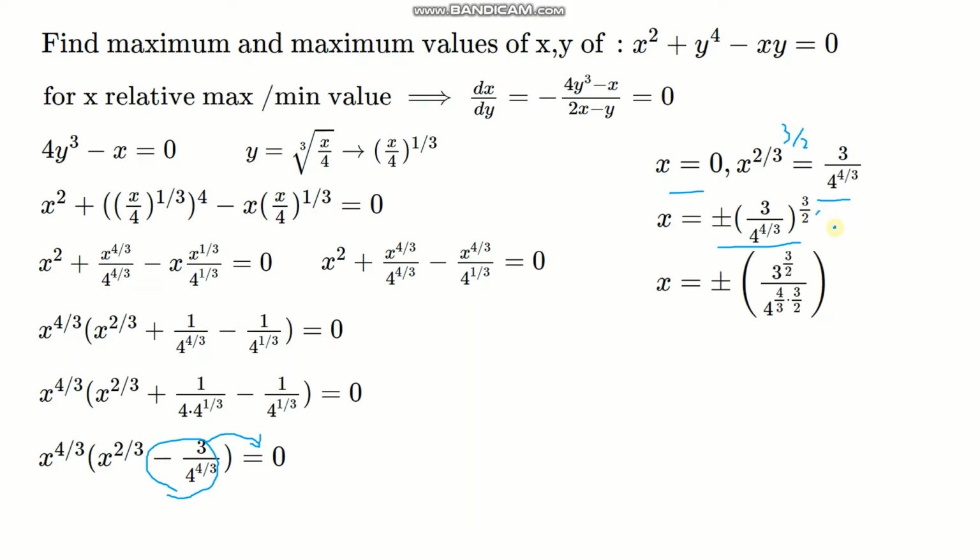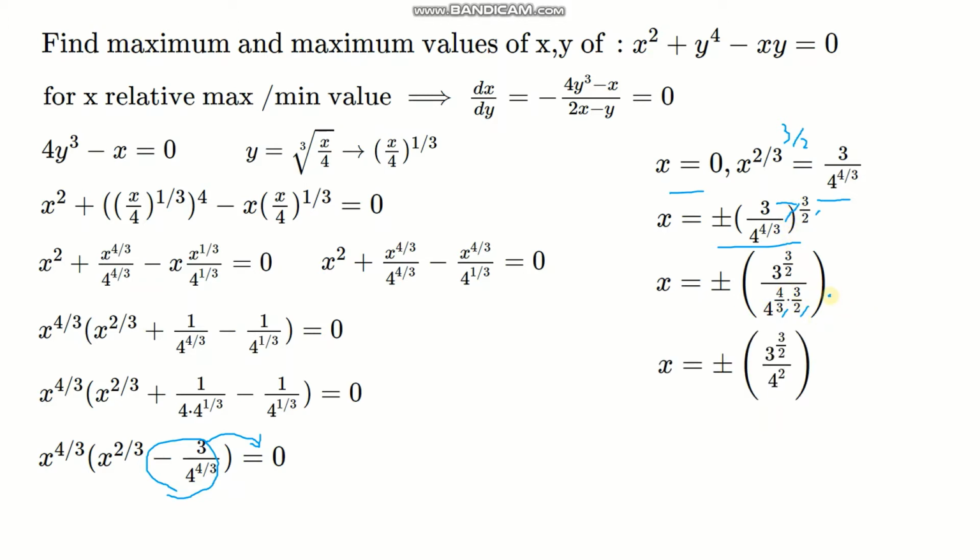So it becomes 3 raised to the power of 3 over 2 over 4 raised to the power of 4 over 3 times 3 over 2. It's a property that we just multiply the exponents.